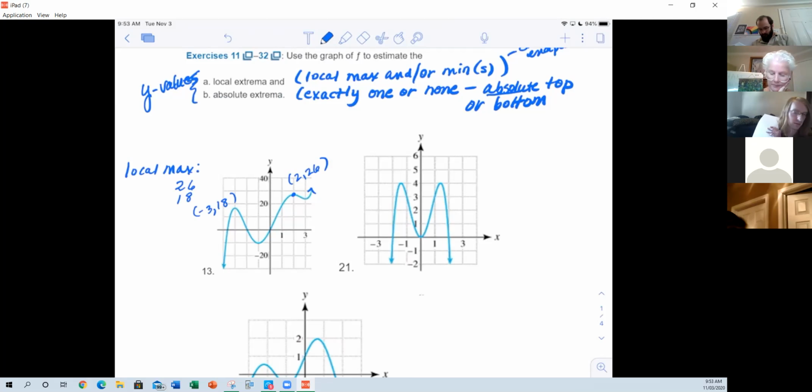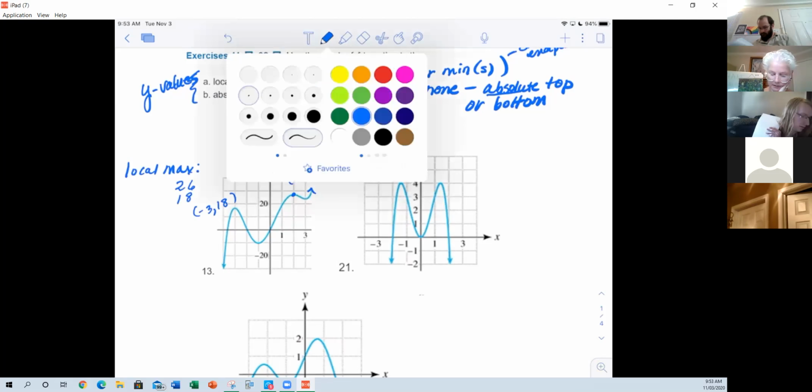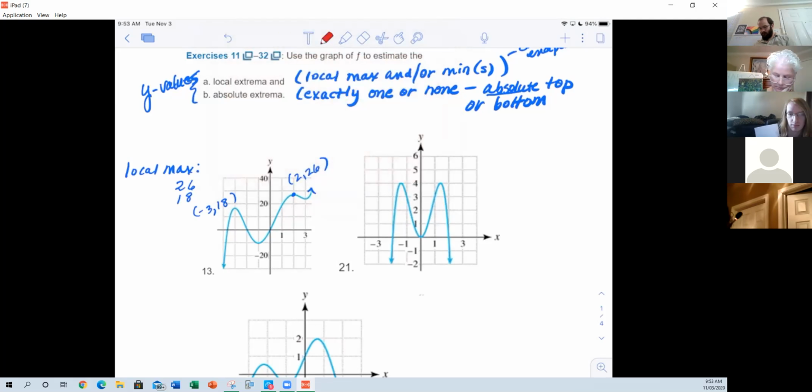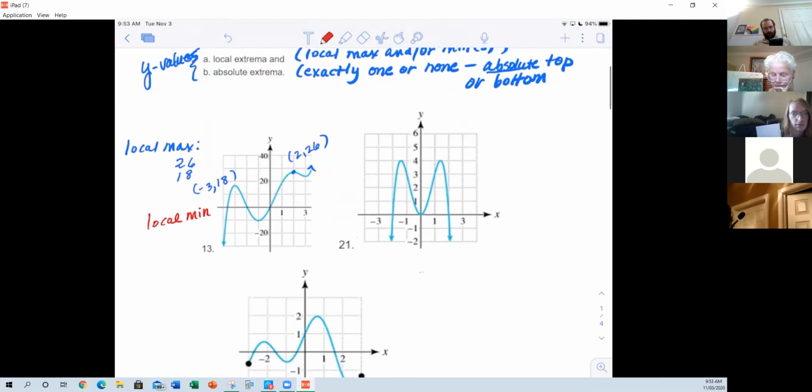Okay, what about local min? I've got the first one at x is equal to 3 and the y is about 24.